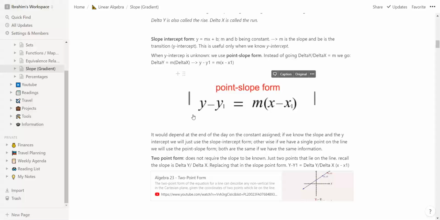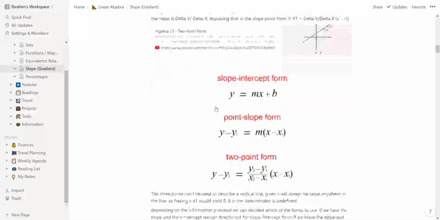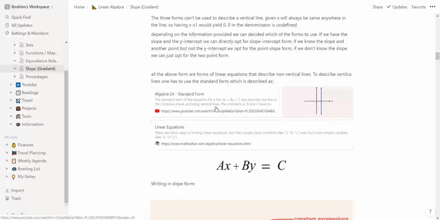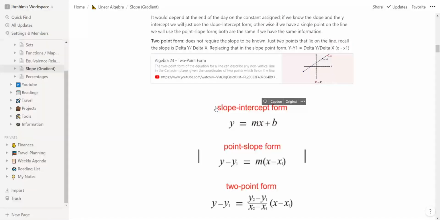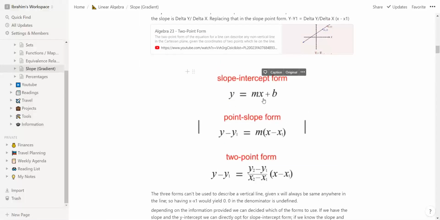If we have the slope, we can easily calculate the y's. And in point slope form, when you have 2 points, you can easily use the following function and solve accordingly. There is also the standard form of the equation, which is basically the same form as y equals m of x plus b.